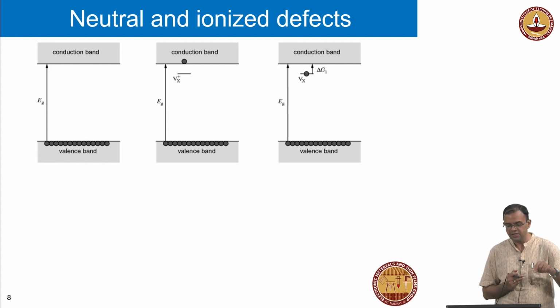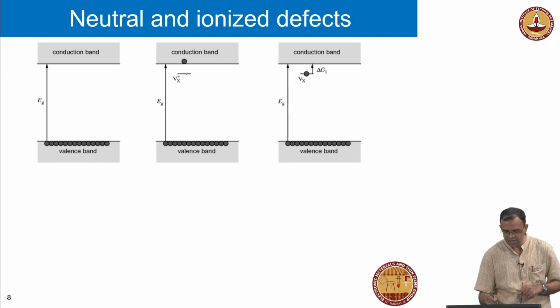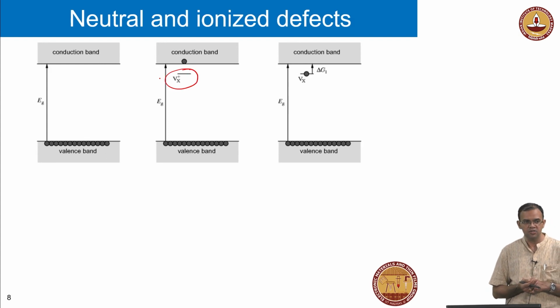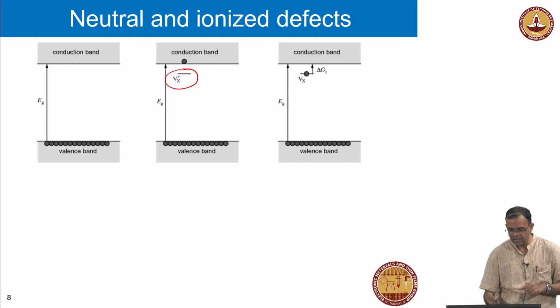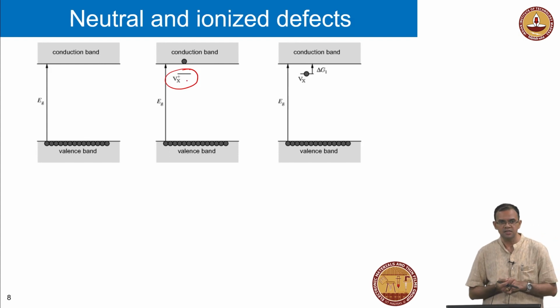I can create a vacancy in one of the lattice sites. So in this case we have created V_X plus. So I have created a vacancy on the anionic site. So remember M plus X minus, I remove the X minus and I create a V_X plus.